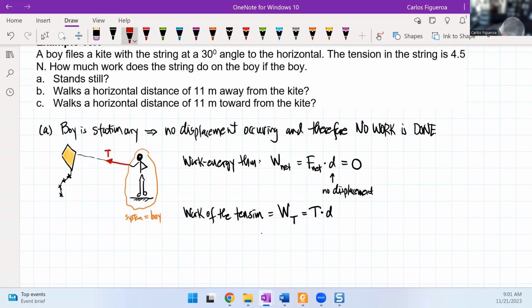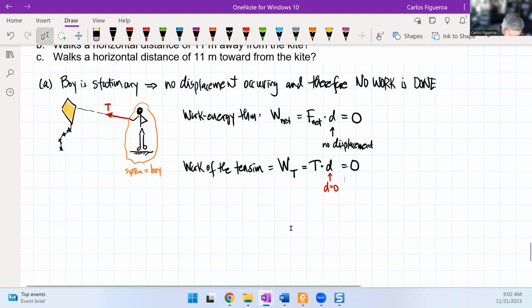But in this situation, the displacement must be equal to 0. And so therefore, there's no work done by the tension of the string.